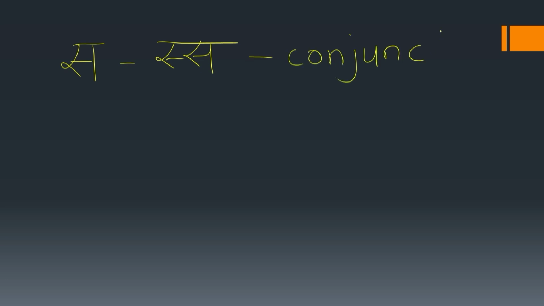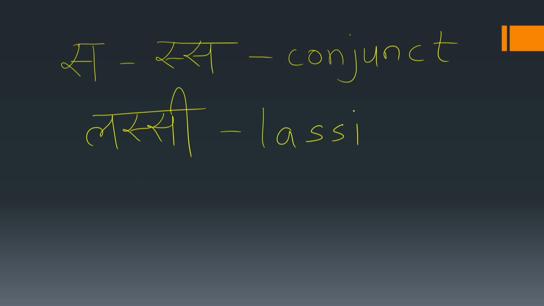Let's take the example of sa with another sa. Sa is a sibilant. Let us add another sa to it. So this is a conjunct. Example, lassi. Lassi is a popular drink in North India. We also get this in Goa. In English, this would mean lassi itself.